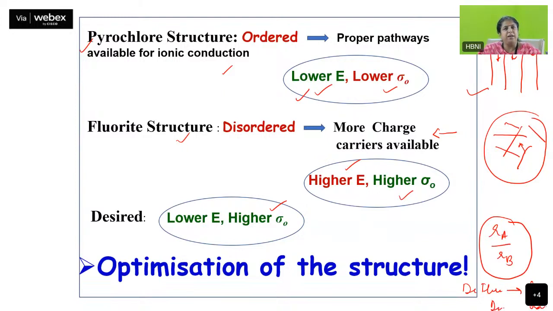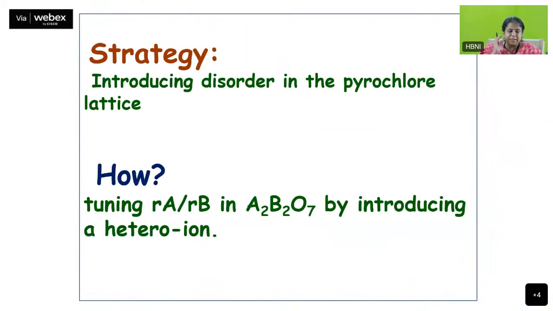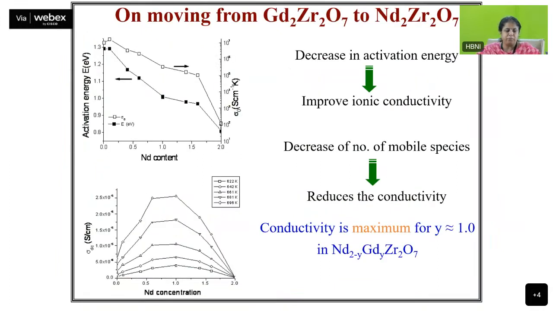And this is one key by which we can control the degree of order or the degree of disorder in the material that will ultimately manifest its effect on the ionic conductivity. Let us see, so what is the strategy? You basically take a pyrochlore material and try to introduce disorder in it. And how can we do it? As I discussed, by tuning the ratio of the radii of cation A and B by introducing some other ion or a hetero ion. Okay.